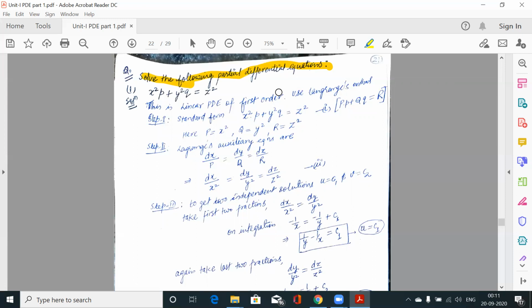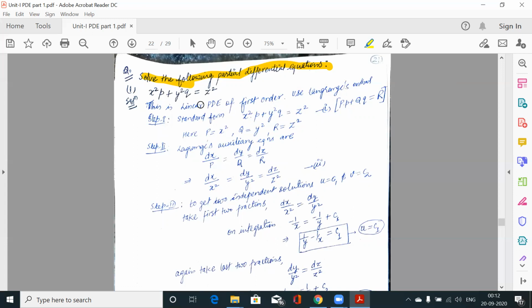So if this is a first order PDE, then we can solve this using Lagrange's method. Since we have studied only the first method, Lagrange's method, we know that this question would be solved by this method only. Otherwise, when we study other methods, then we need to recognize whether the question is first order or first degree, or higher order, higher degree.